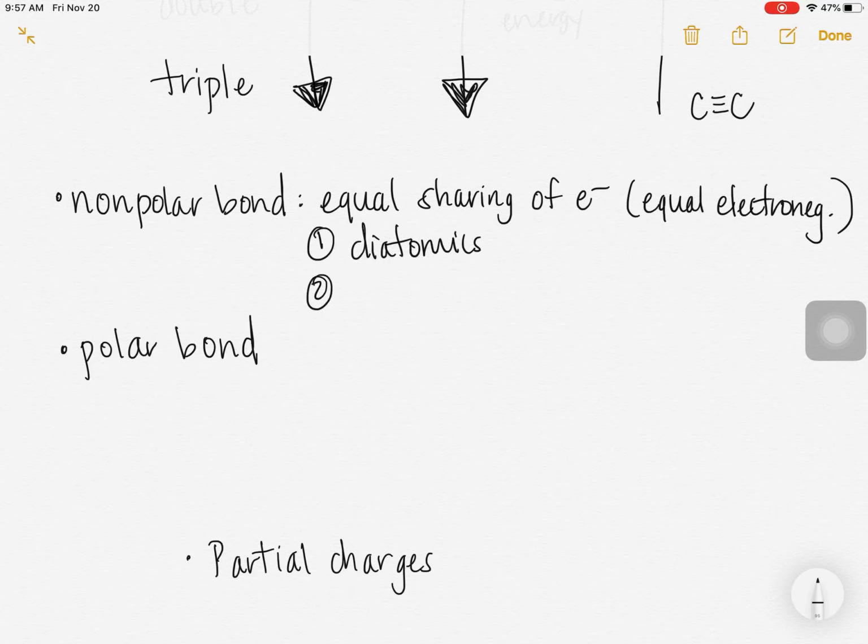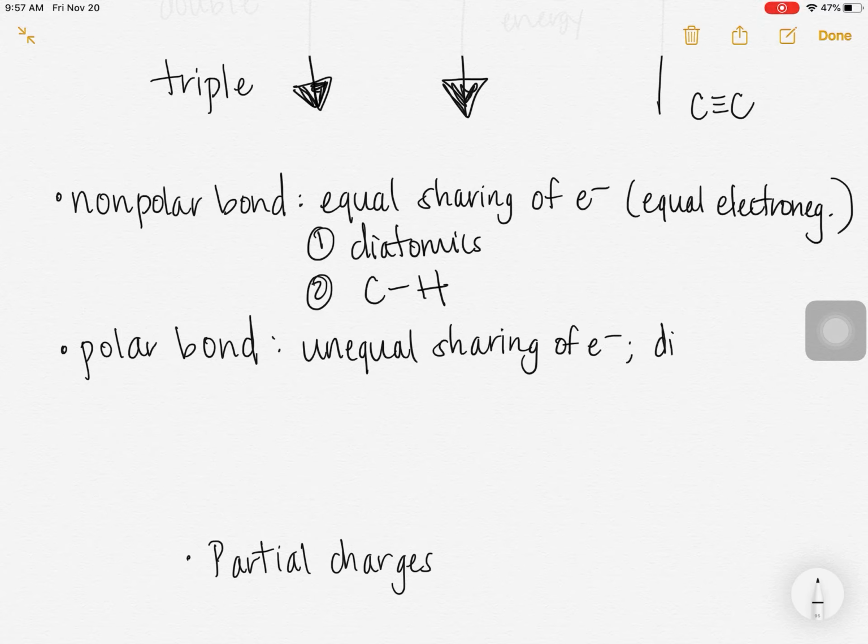Those are diatomics and carbon-hydrogen bonds, which are considered to be nonpolar because they share the electrons almost equally. Almost everything else is a polar bond, where we have an unequal sharing of electrons. It's caused by differences in electronegativities.